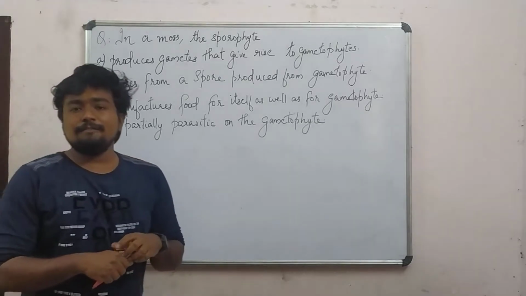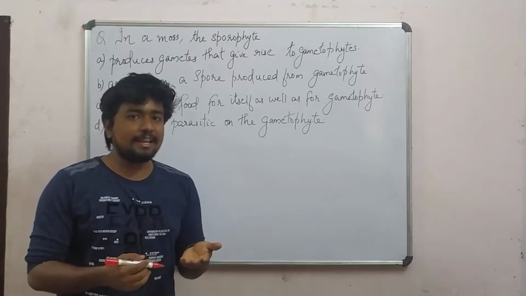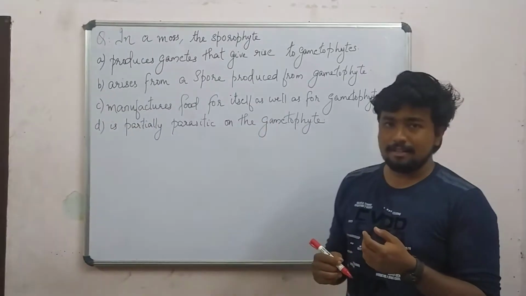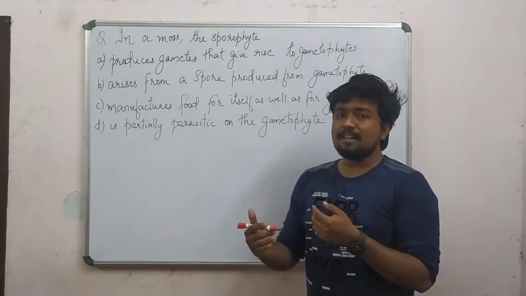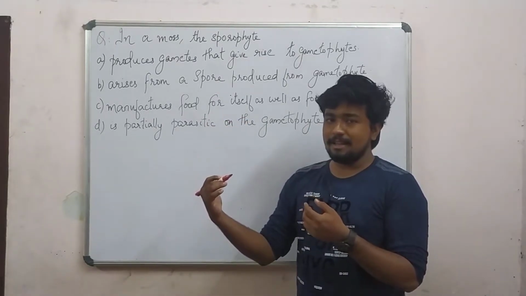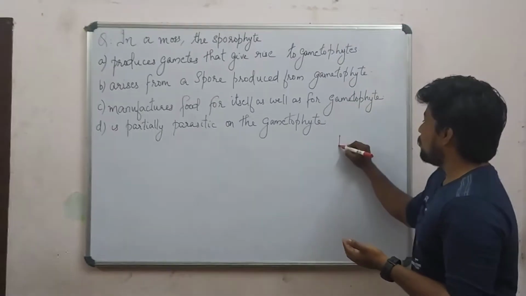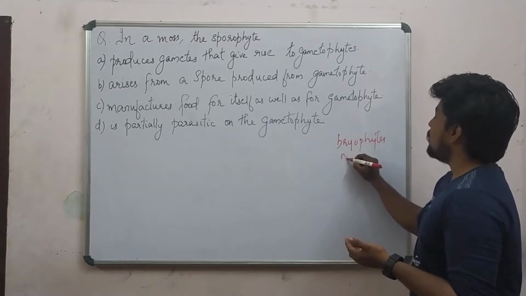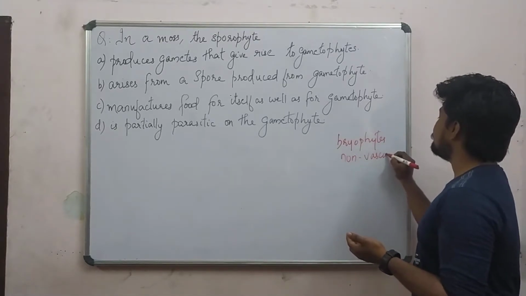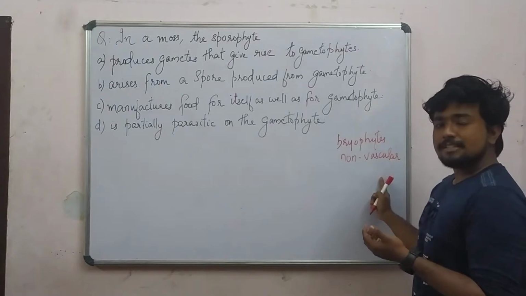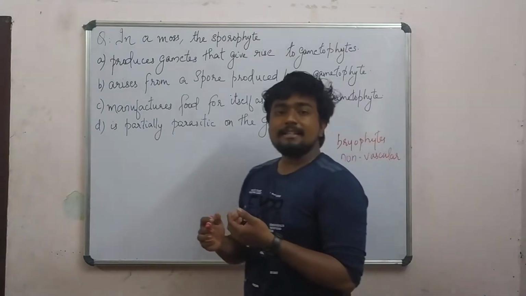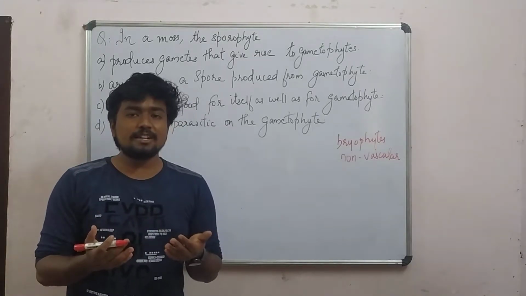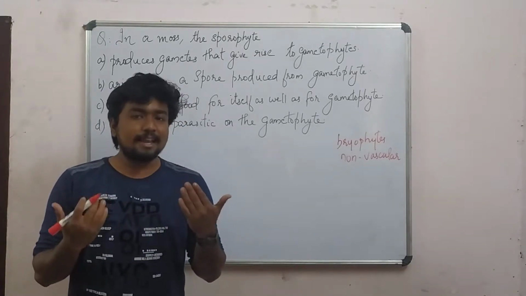So basically we know mosses like Funaria are bryophytes and they are highly non-vascular. Even though those points are not relevant for answering this particular question, I am noting it down here. So what does non-vascular mean? It means it does not have a root, and that's why we can see them highly populated even on moist areas.